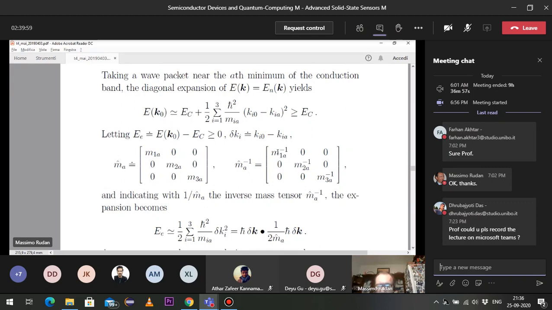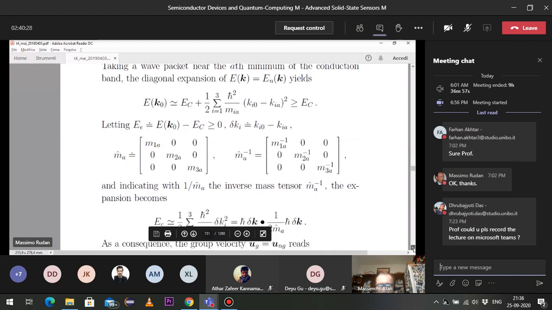If you have a diagonal matrix, the inverse matrix is the matrix in which the elements of the diagonal are the inverse of the original elements, okay? So when you invert m to the -1, you obtain M, this matrix here, in which the diagonal elements are just the inverse of the other ones, okay?